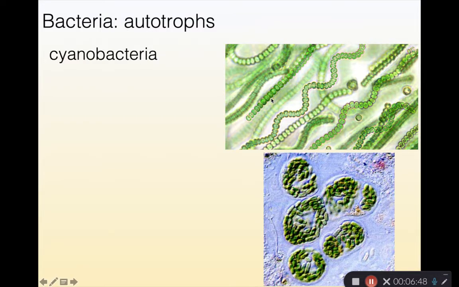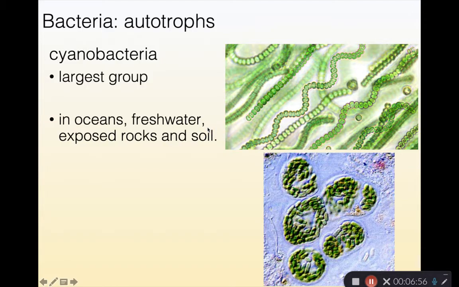And by far the most abundant and probably the most important autotroph is cyanobacteria. It's the largest group. It's found in oceans, fresh water, exposed to rocks and soil. And what's really unique about this organism is that it photosynthesizes.